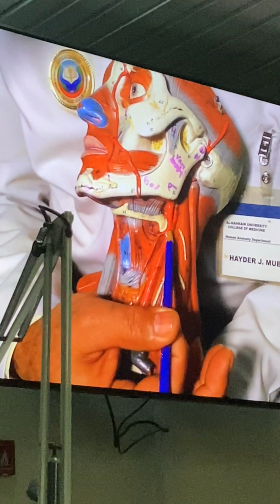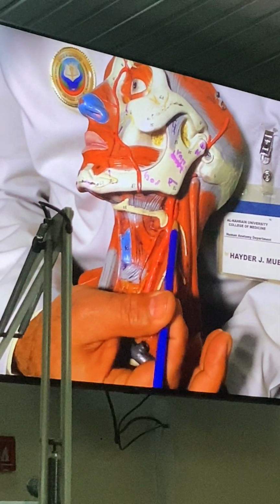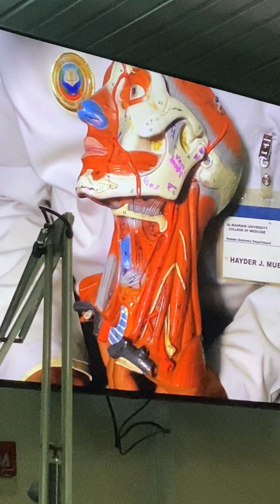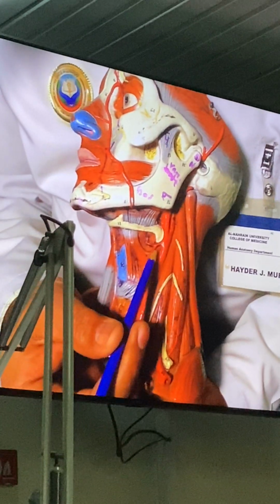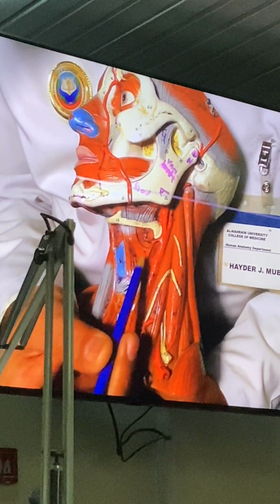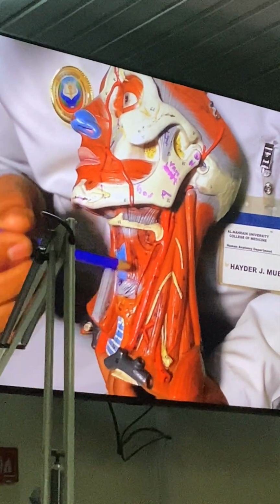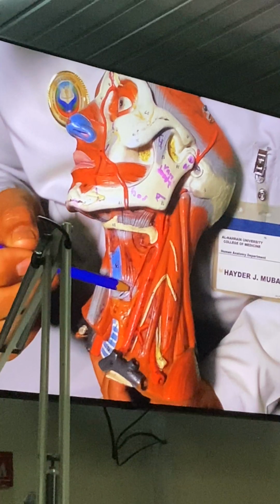It is divided into external and internal carotid arteries. Right? Also, you can see that the external carotid gives this artery that descends down to the thyroid gland. This is the superior thyroid artery.